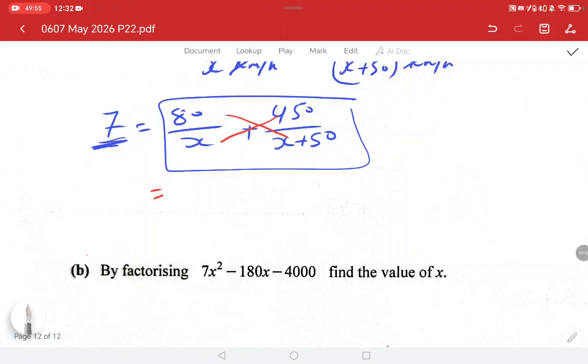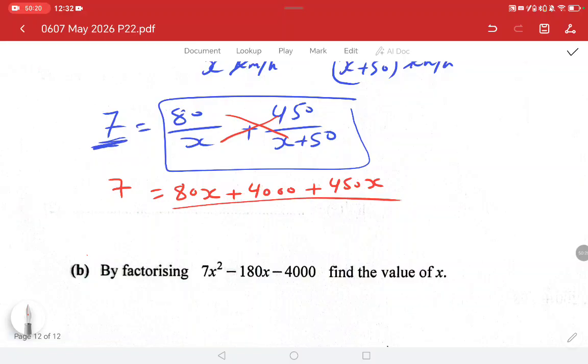So 80 times x is 80x, plus 50 times 40, which is 4,000 (you have 2 zeros), plus 450x, all of this equals 7.